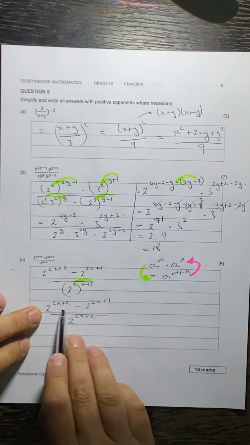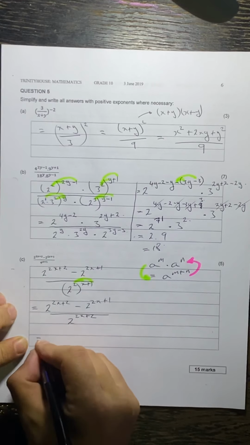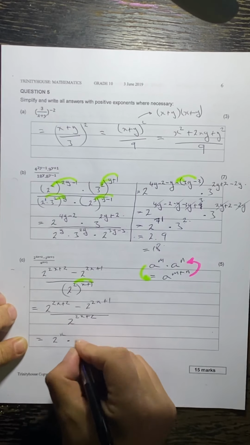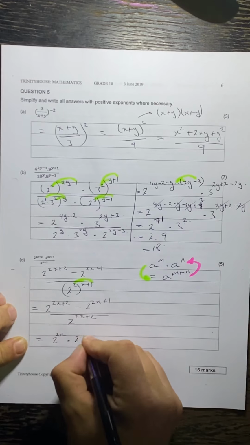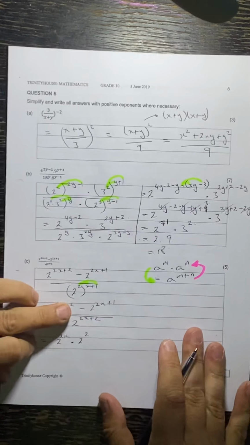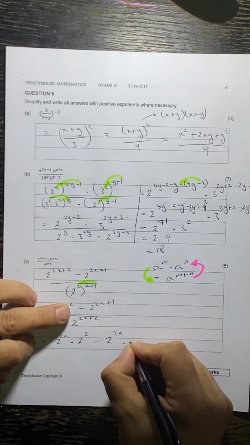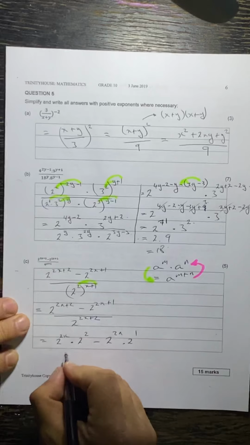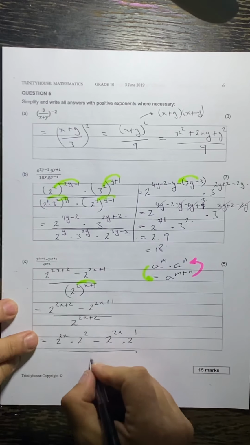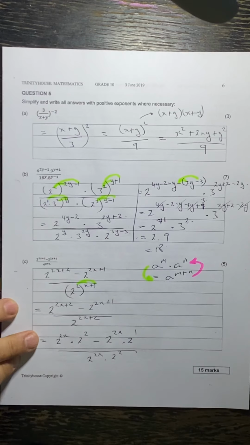So this is in this form, and if I reverse it, it becomes 2 to the 2x times 2 to the 2. So I've just split it. I'm going to do the same for this one, minus 2 to the 2x times 2 to the 1, over. Do the same for this one, 2 to the 2x times 2 to the 2.